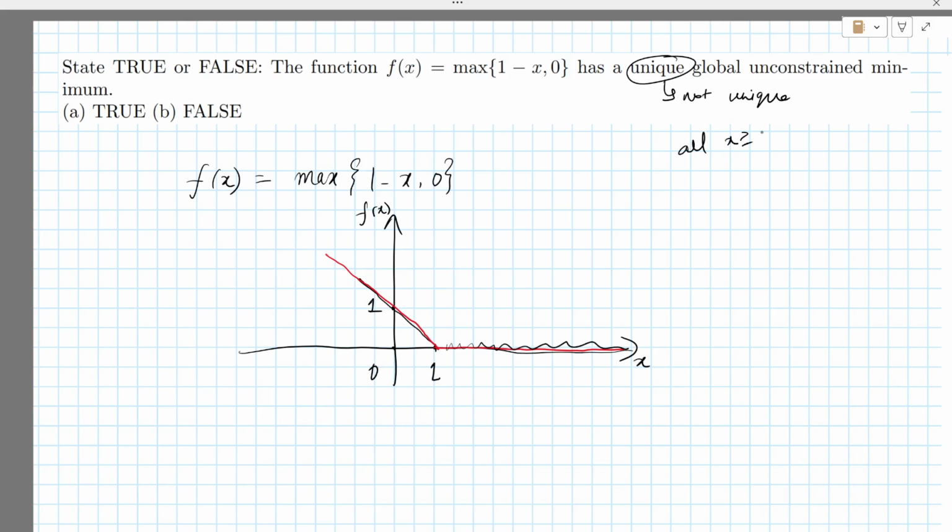All x greater than or equal to 1 is a global minimizer. Of course, the global minimum value is unique and the minimizer is not unique. So if they mean minimizer, then false. The minimum value is not unique.